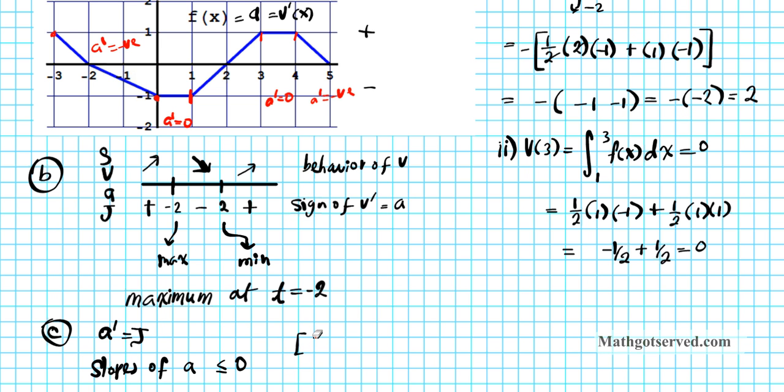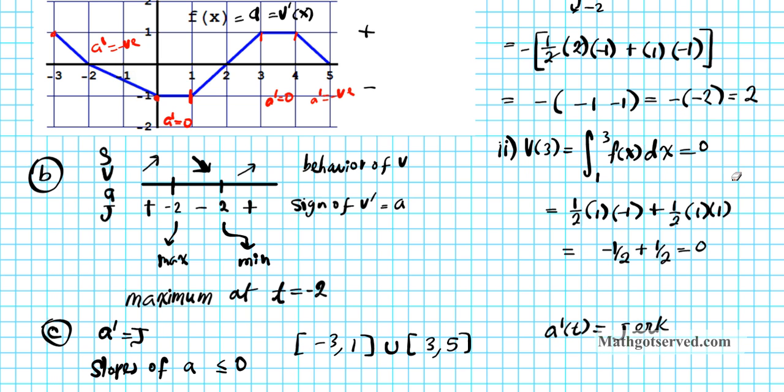So from negative 3 to 1, and then from 3 to 5, because it's 0 and then negative from 3 to 5. So this is where your jerk is less than or equal to 0. Don't forget that A prime of t, the derivative of acceleration, is your jerk.